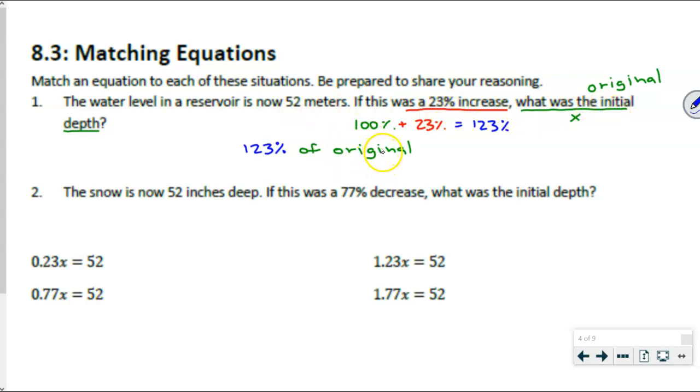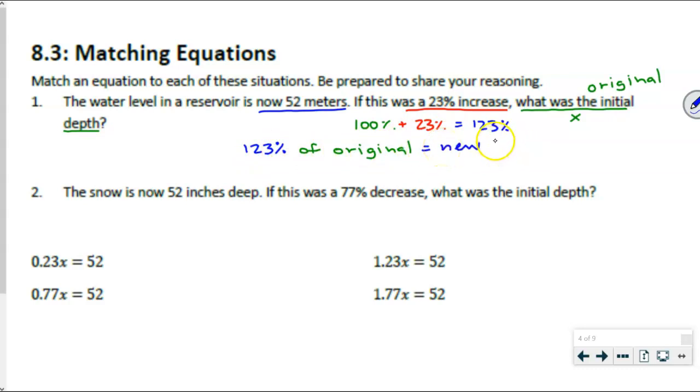Do I know where it was? No. Do I know where it currently is? So do I know this new amount? Yes, I do. So 123% of the original, which I do not know, is equal to the new amount.